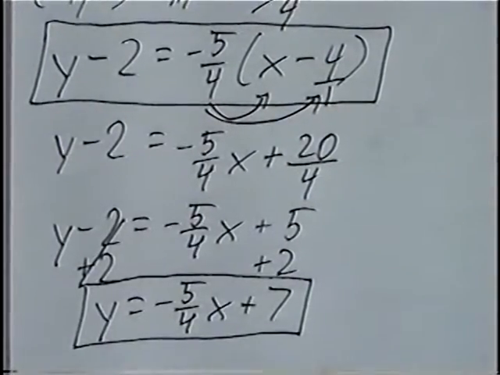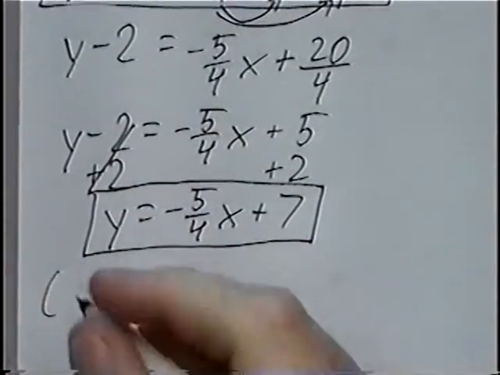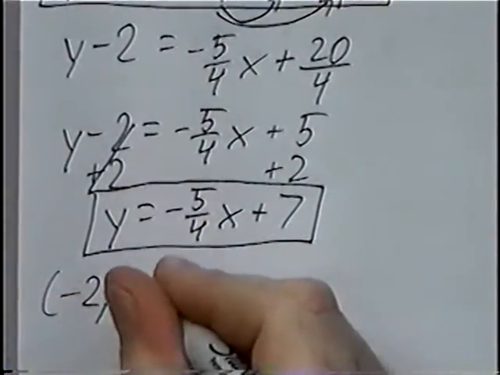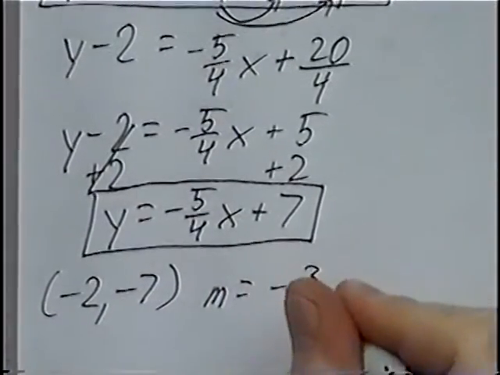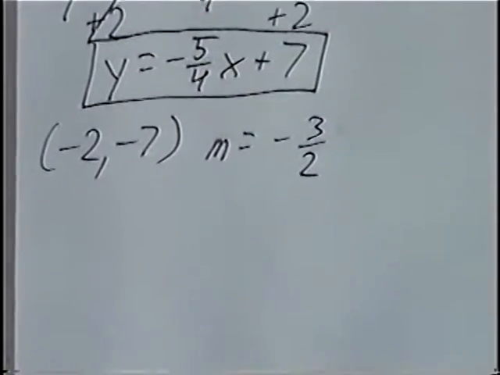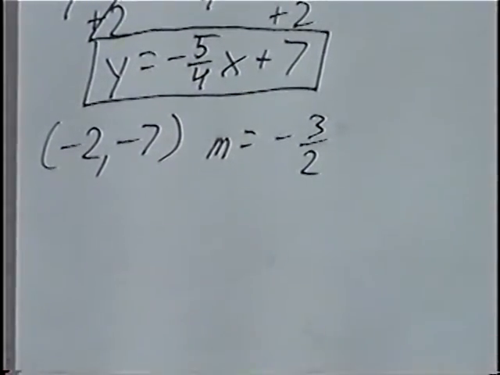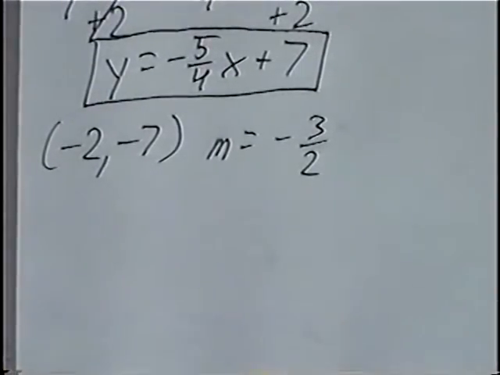Second question for this section. Point is negative 2, negative 7, and m equals negative 3 over 2. Again, taking the point and the slope, we can plug in the values for the point-slope form equation.